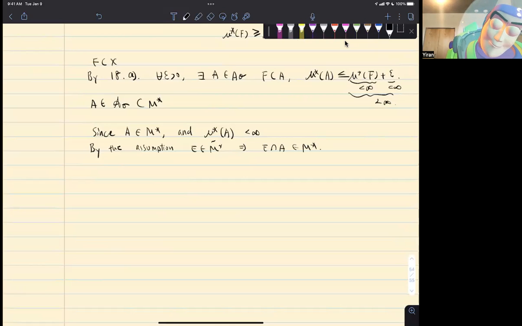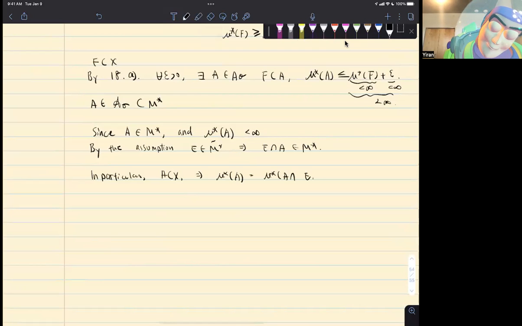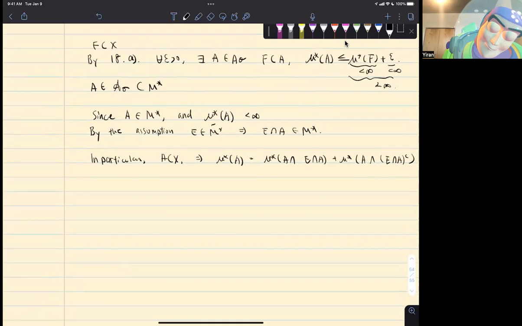In particular, we know that A is a subset of X, so that implies mu star of A is equal to mu star of A intersect E plus mu star of A intersect E complement. Okay, so this is equal to mu star of E intersect A plus mu star of E complement intersect A.